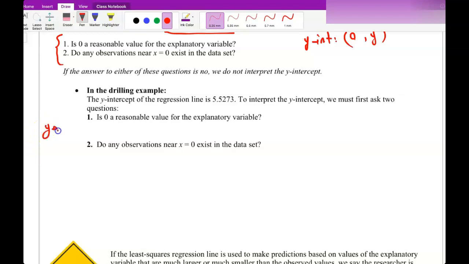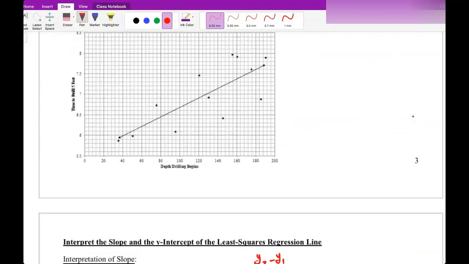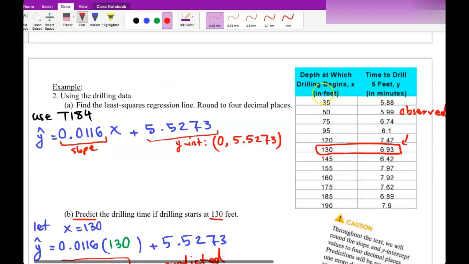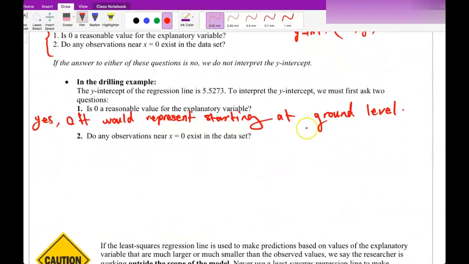So the answer is yes. Based on the table here, x was for depth, and when x is equal to 0, that means the starting point is at ground level.